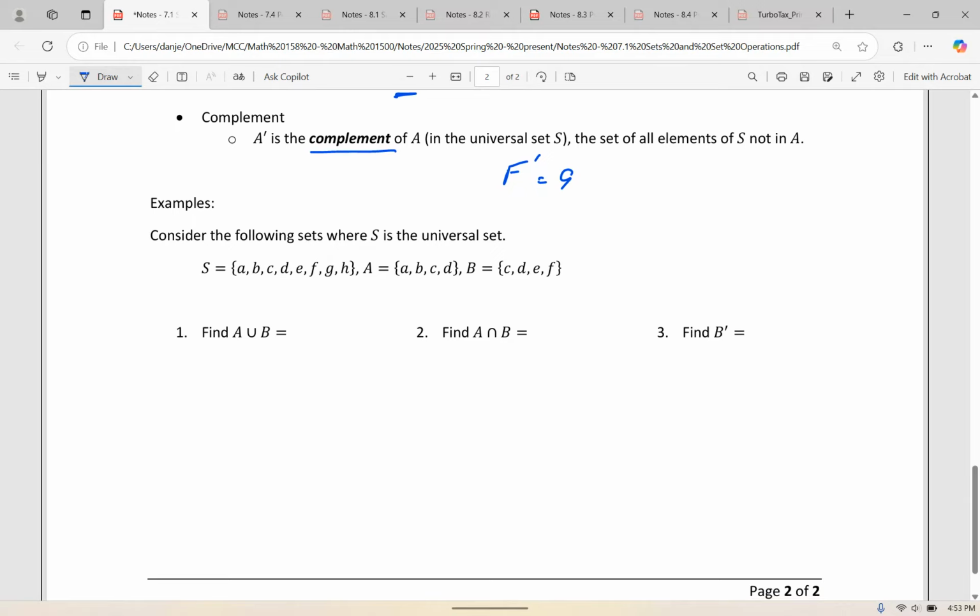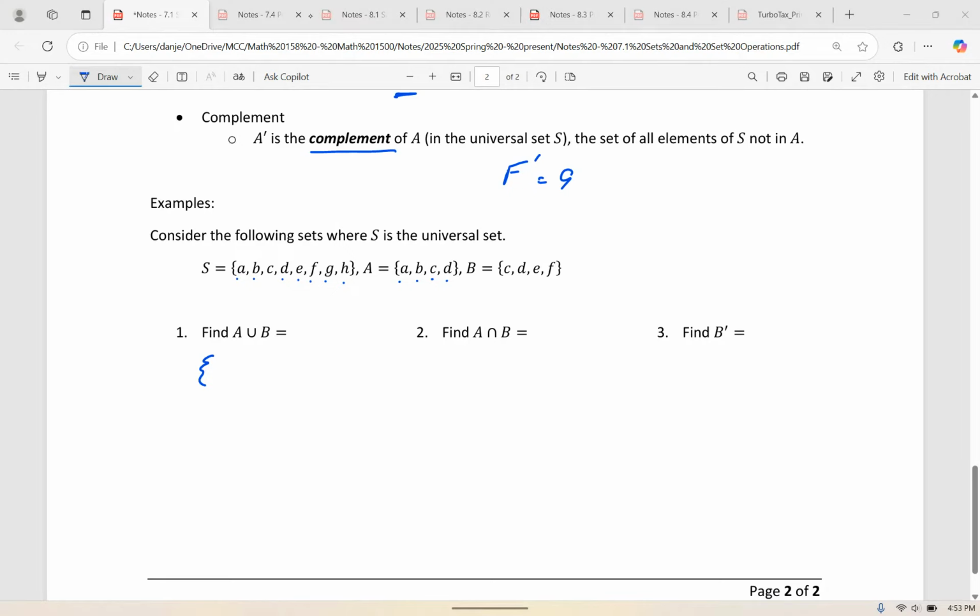S is the set of the letters A, B, C, D, E, F, G, H. A would be A, B, C, D, and B is C, D, E, F. If I want to find the union of A and B, I list all of the letters.